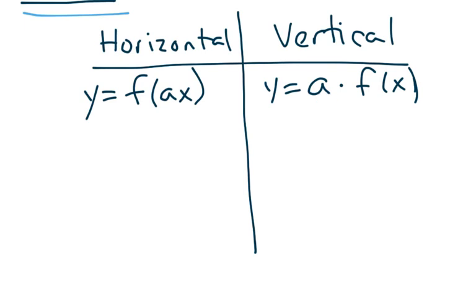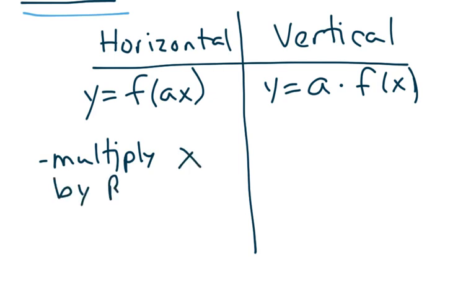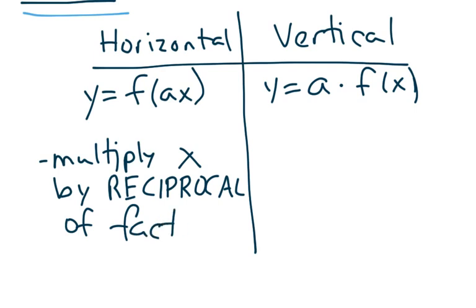So within horizontal, we're on the inside. With the horizontal shrink or stretch, what we're doing here is we're multiplying x by the reciprocal. That's a huge key to this, the reciprocal of the factor.